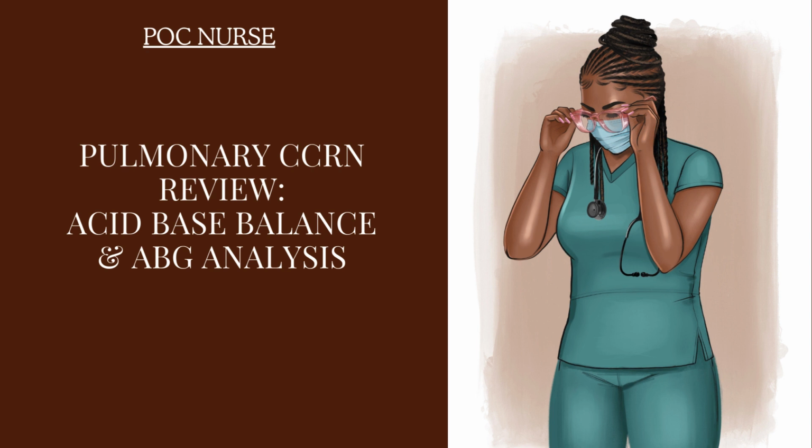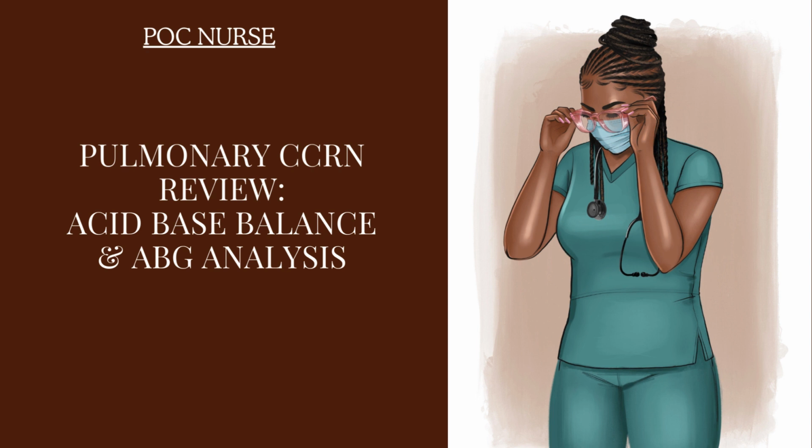When you get those numbers, first off, you want to take a look at your pH. Anytime I see an ABG problem, first off, what's the pH? Is it acidic? Is it alkaline? Anything less than 7.35, we have acidosis going on. Anything greater than 7.45, we have alkalosis going on.